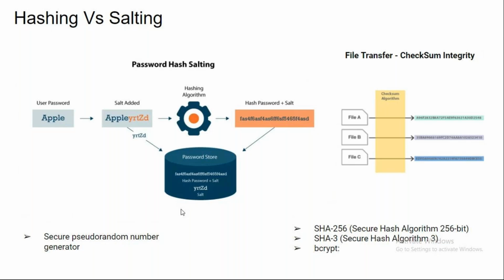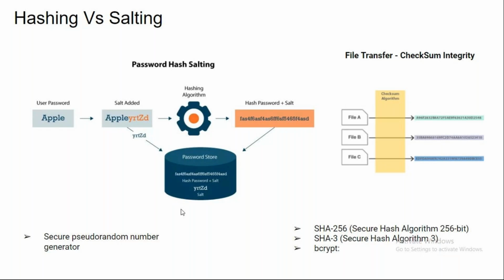What happens is salting, which means adding a salt. They add a random alphanumeric string as a prefix or a suffix. Here, they have added something called YRTZD. Some random salt will be added, either at the prefix or at the suffix.